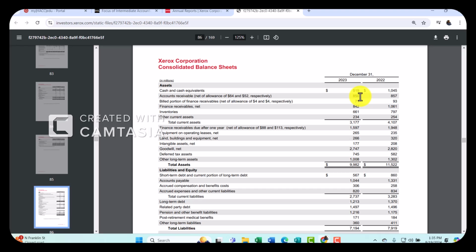But you need to be able to see and recognize, and the rules talk about how you need to go about knowing that needs to be changed, and how you might consider whether or not people are going to pay you, and coming up with the amount to estimate that they're not going to pay you.